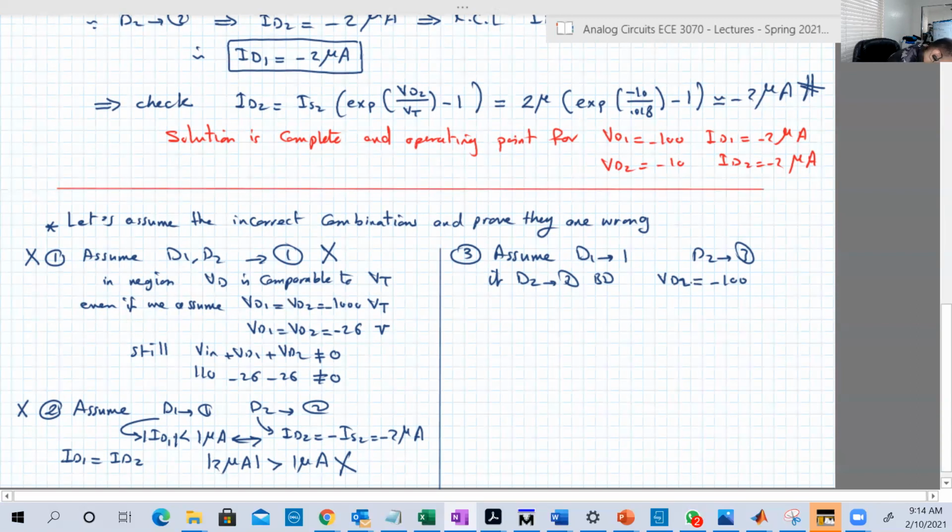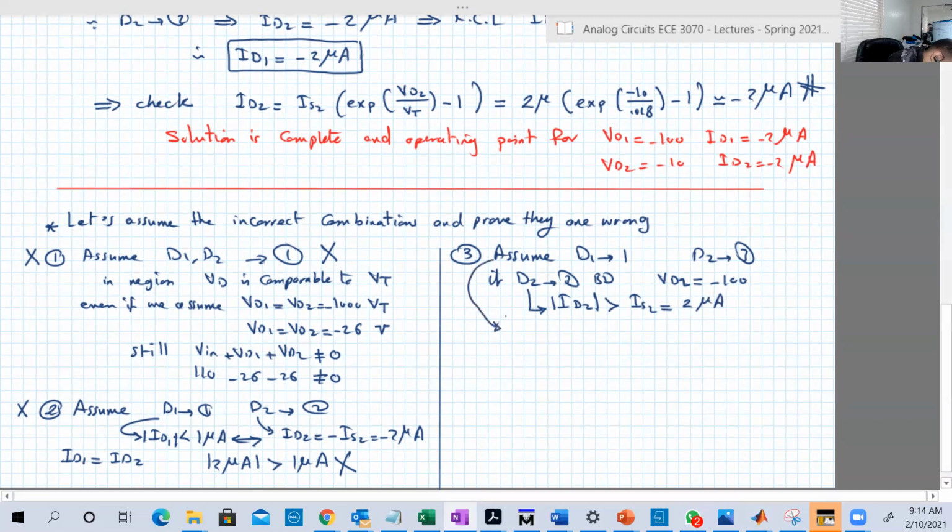Okay, that also means that ID2, as a magnitude, is greater than IS2. That means it should be greater than 2 microamperes. But remember, D1 is in region 1.